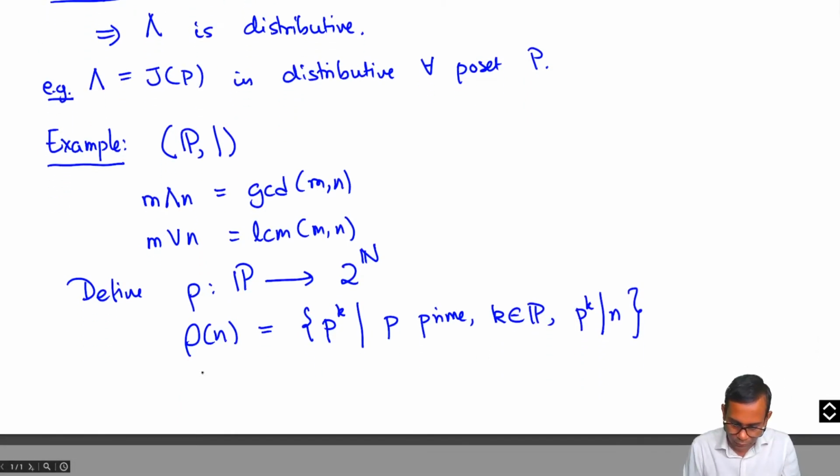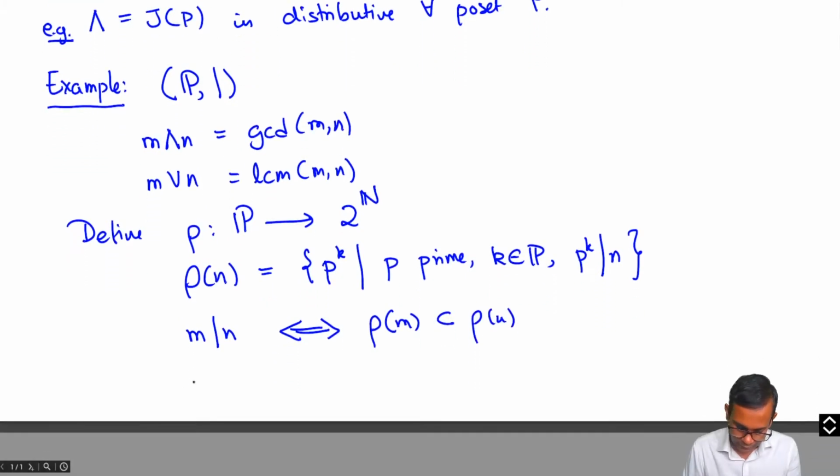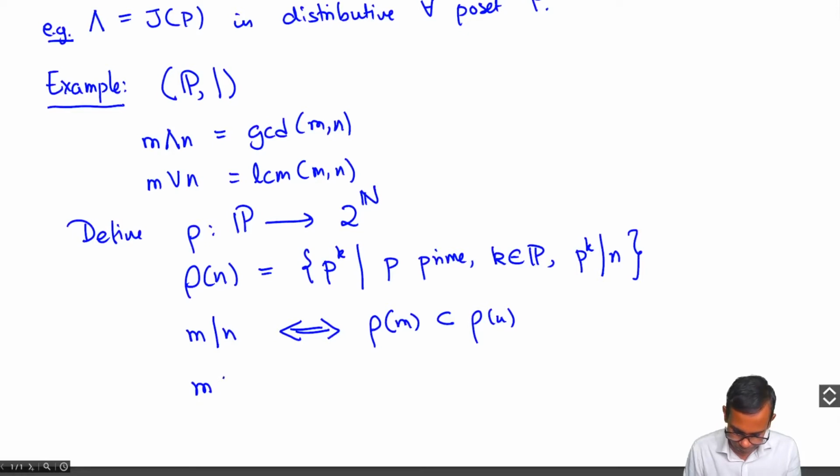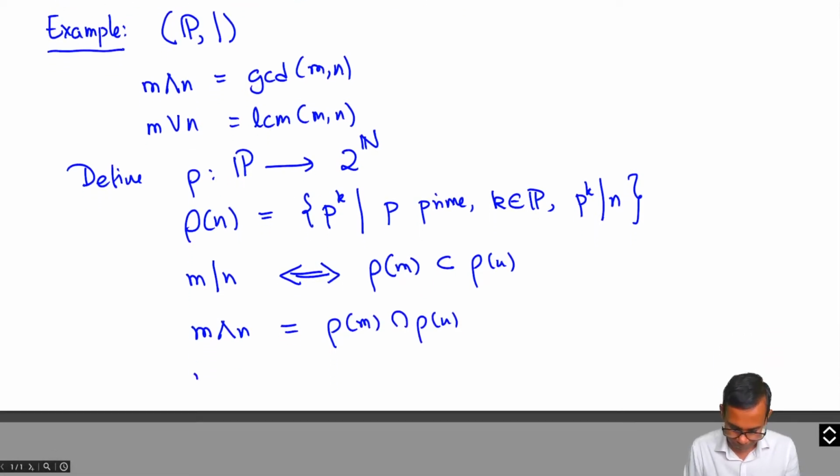Then you can show that M is divisible by N if and only if rho M is contained in rho N, and rho of M join N is rho M intersection rho N. The prime powers dividing the GCD of two numbers are precisely those prime powers which divide both the numbers.